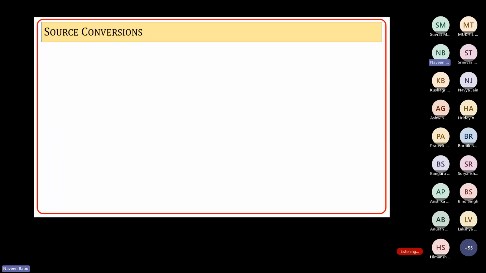So we have been looking at source conversions and also mesh analysis.